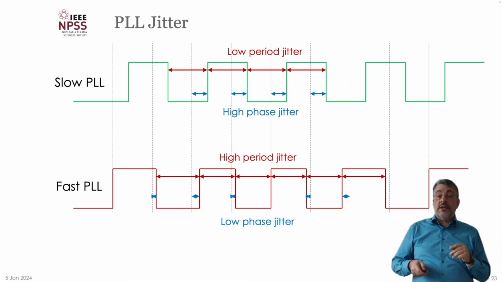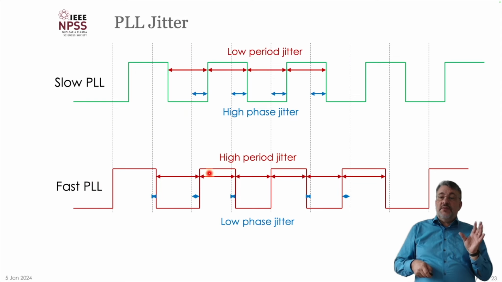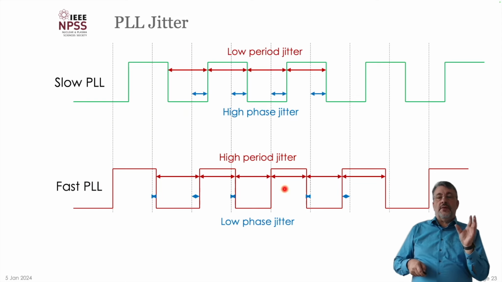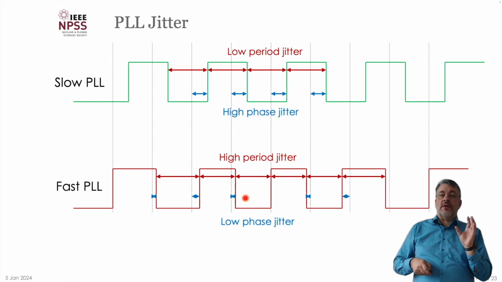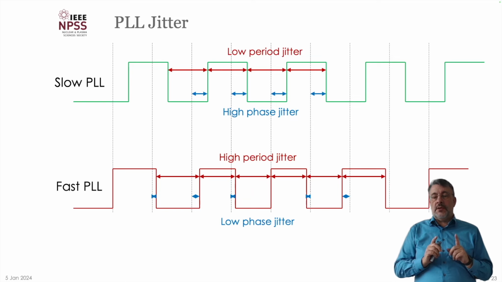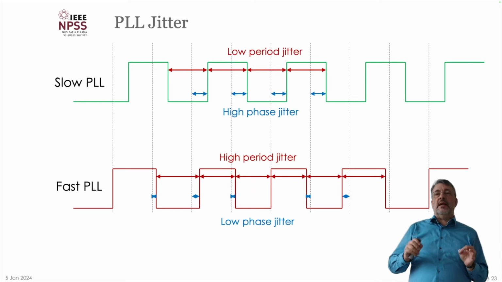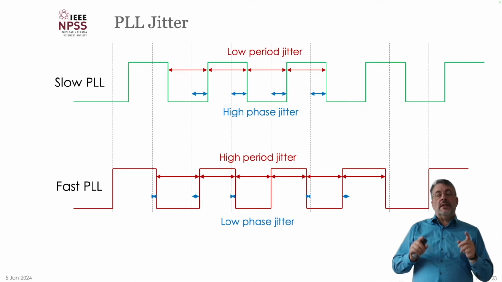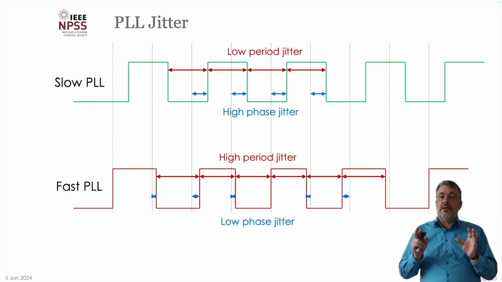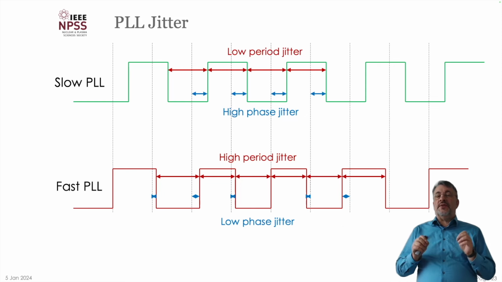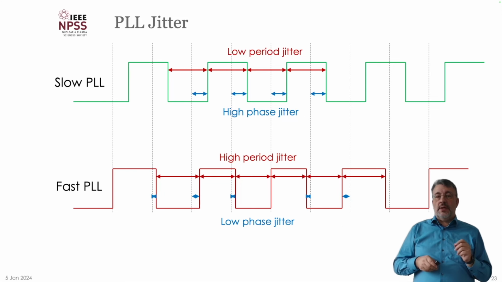So what you really want is a fast PLL. Even if your period jitter then differs largely between one period and the other, the phase jitter, meaning the edge versus the perfect clock, is kept as small as possible. So it's very important that when you tune your PLL in such a timing system, you don't tune for the period jitter, but you tune for the phase jitter and make this as small as possible.